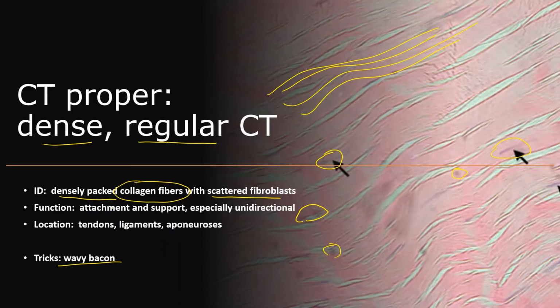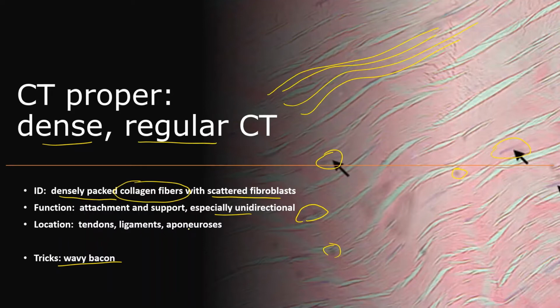So this is for attachment and support. Surprise, surprise, it's connective tissue, right? Especially unidirectional support. Remember, collagen fibers have a great tensile strength. So if I could tug on this tissue in one direction, it would have very, very strong resistance to being torn apart. So we'll often find these in things like tendons and ligaments and aponeuroses.